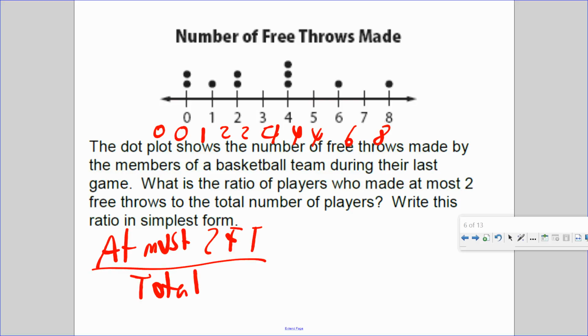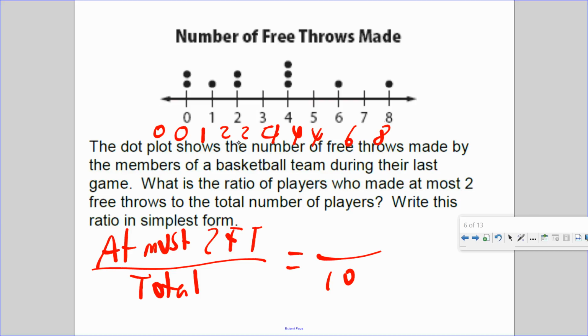So the total is 1, 2, 3, 4, 5, 6, 7, 8, 9, 10. There are 10 players. So at most, what does at most mean? Give me an example of something at most. 2, 1, and 0.